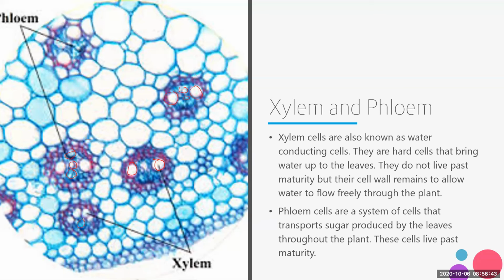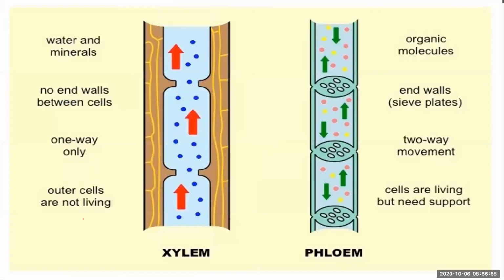So in terms of size, we can differentiate that xylem is bigger compared to phloem. Xylem and phloem differ in their shape and size. If you can observe, xylem is bigger and phloem is smaller.